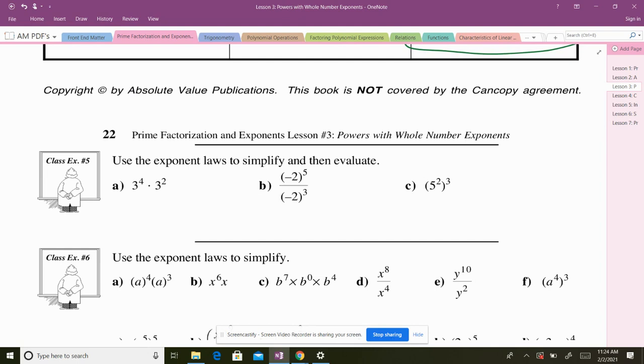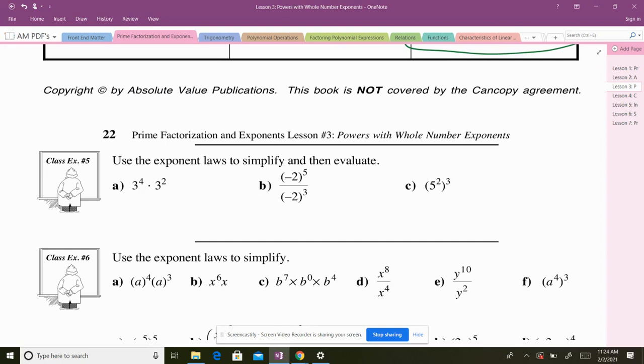What other one did we do? xy to the power of n. What do I write? x to the power n times y to the power of n. Yes, that n goes to both. If it's a fraction, it goes to both of them again.